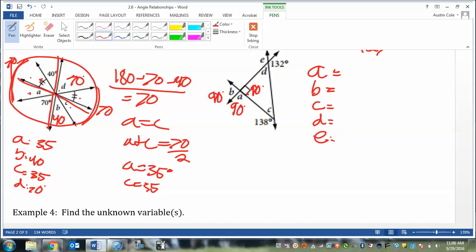How did you figure out 48? Because this is a straight line, E, and these are vertical angles, so this has to be 132, and all together this has to equal 180. And 48 and D are vertical angles, so this one has to be 48. And this one's a straight line too, so 138 plus 42 equals 180.